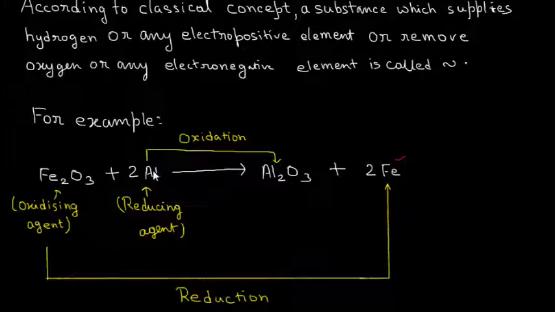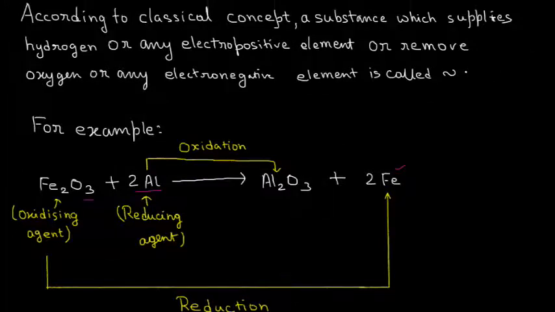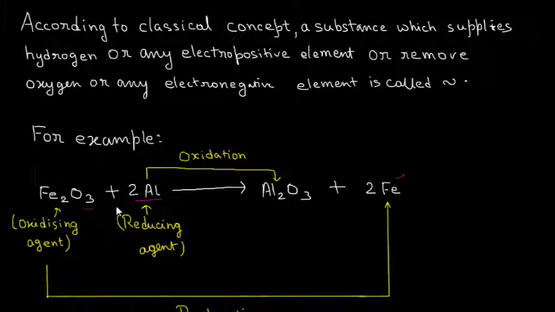So aluminum is a reducing agent. Why? Because in this reaction aluminum removes oxygen from Fe2O3 so that iron can be formed.